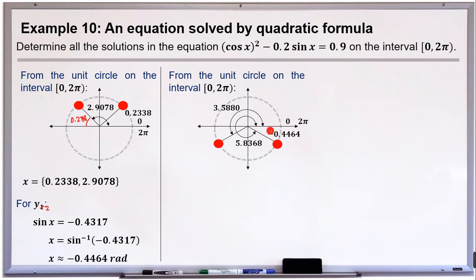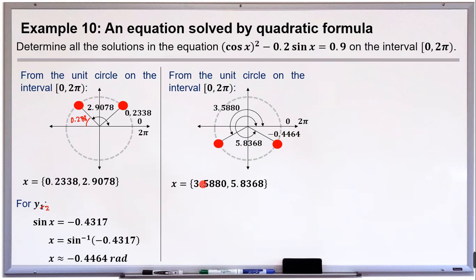Now, the standard angle for negative 0.4464 can be expressed as the sum of 2 pi and negative 0.4464. That will give us 5.8368. So for x here, since we are only after the positive values of x, since the numbers within the interval are all positive, we will not use the negative 0.4464, but instead we will use its coterminal angle, that's 5.8368.